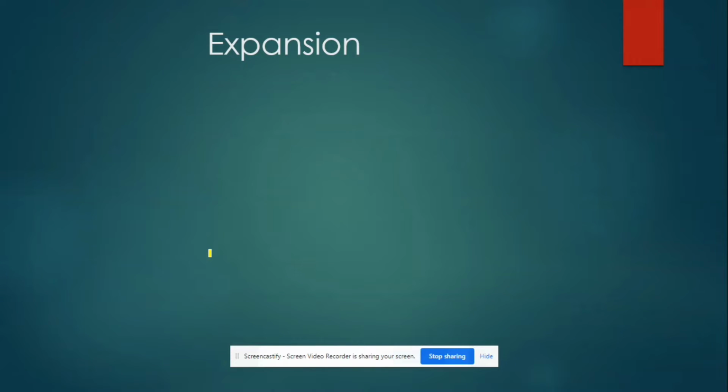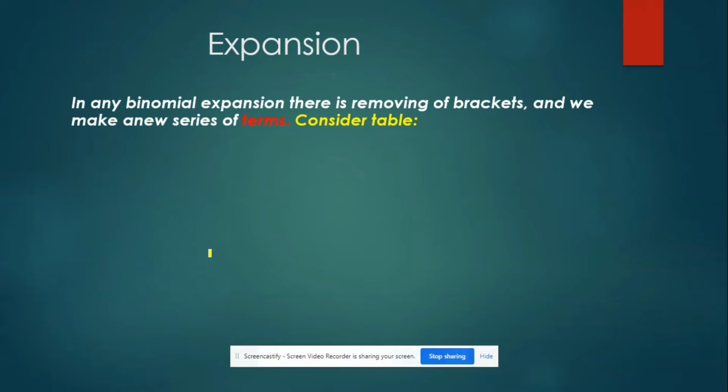Now let's look at some expansions so that we can understand what we mean by binomial expansion. On our screen, you can see I've written something very important, that in any binomial expansion, there is removing of brackets, and we make a new series of terms.